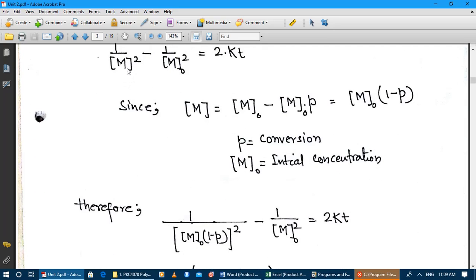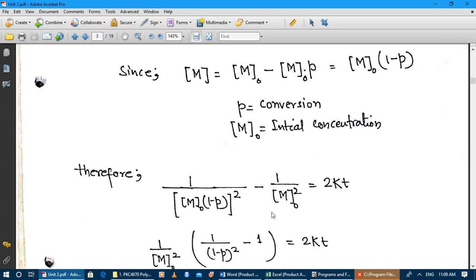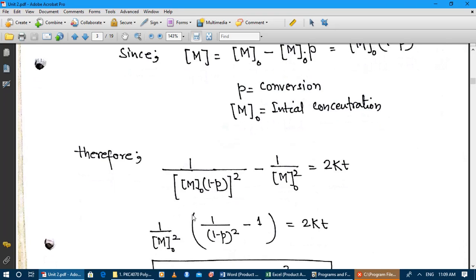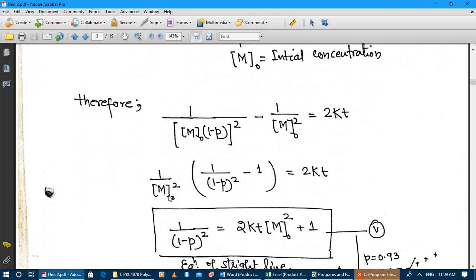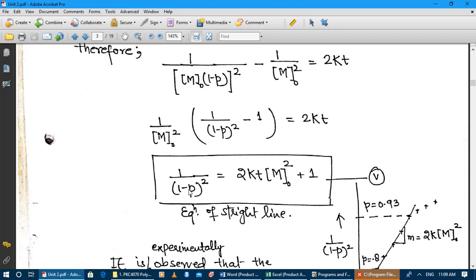So we will replace the concentration M with M naught times 1 minus P, and you can see the mathematical treatment of this equation. The final equation will be 1 over (1 minus P) whole square is equal to 2 times K T M naught square plus 1.